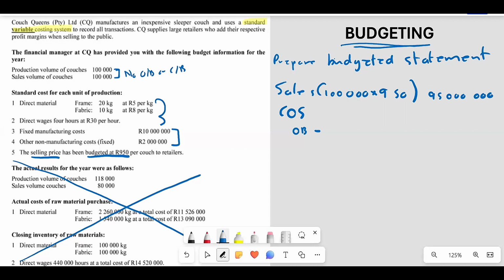Therefore we take the 20, multiplied by the 5, then multiply it by the 100,000 units. This gives us 10 million. Apologies for that, 10 million.